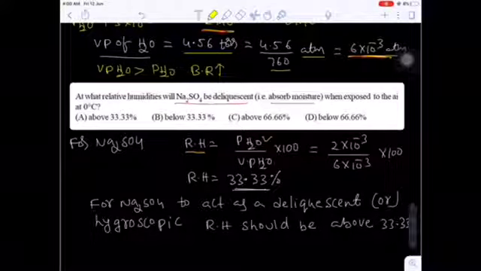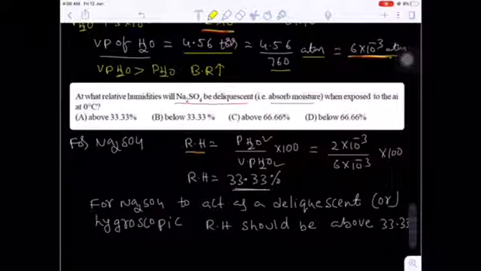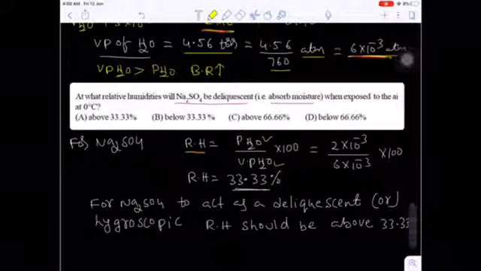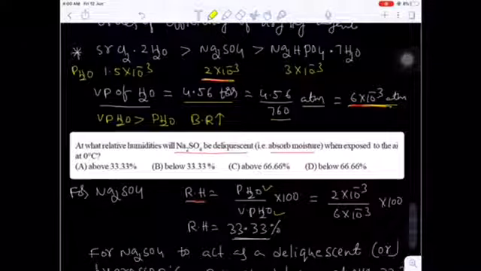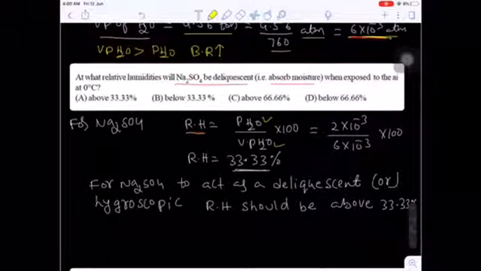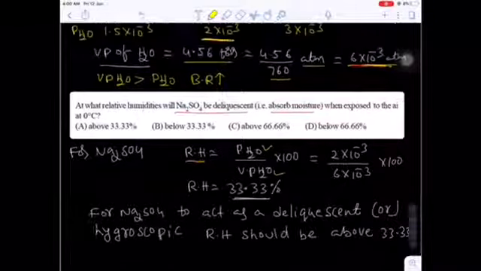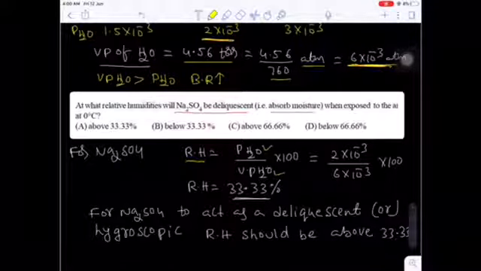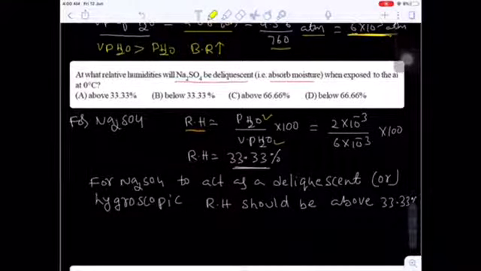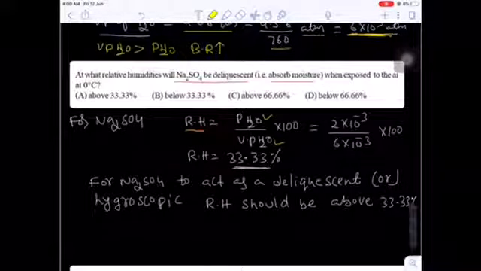How to calculate the relative humidity? Partial pressure of water by vapor pressure of water into 100. Here we have the Na2SO4 partial pressure, 2 into 10 raised to minus 3. The vapor pressure of water we just calculated. So the value is 33.33%.